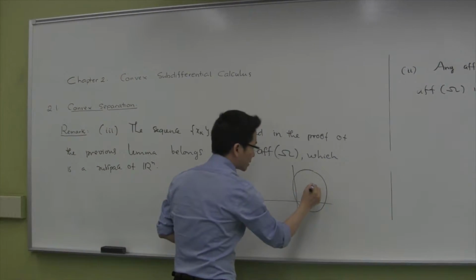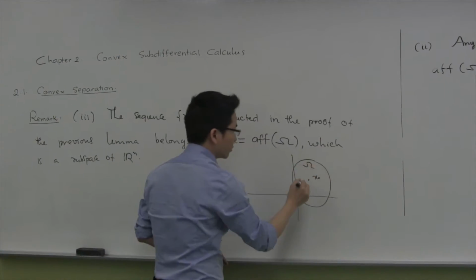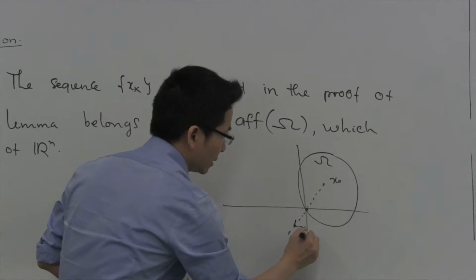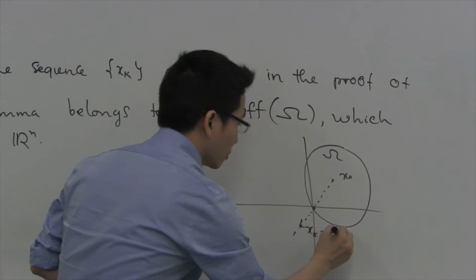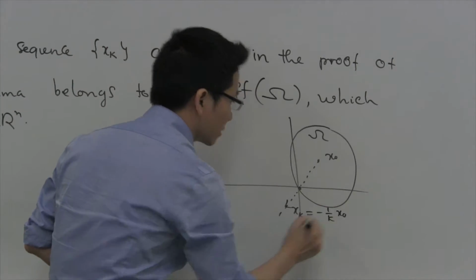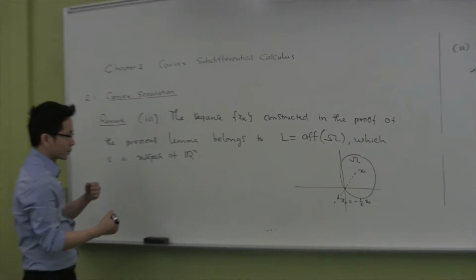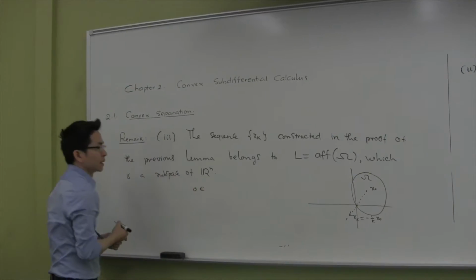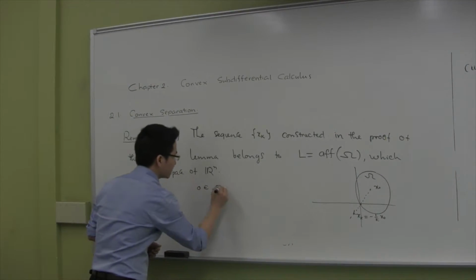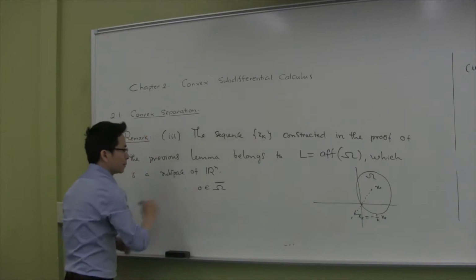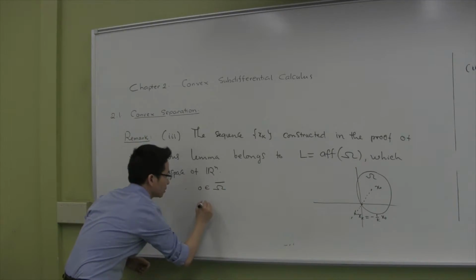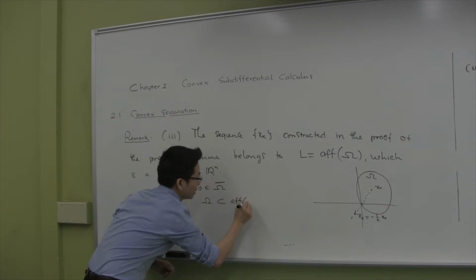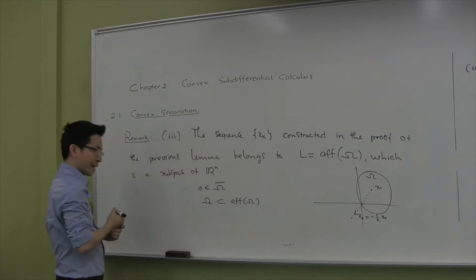We pick x0 in the relative interior of omega, and we build xk by defining xk equal to minus 1 over k times x0. Note that we have the following assumption: 0 belongs to the closure of omega, and obviously omega is always a subset of the affine set generated by omega.